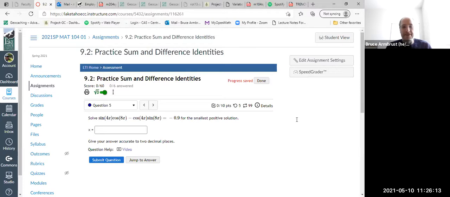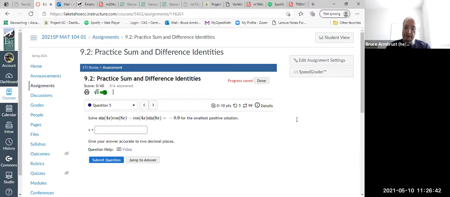The key to this is recognizing that that left-hand side, the sine of 4x cosine of 8x minus cosine 4x sine of 8x, is actually in one of the sum and difference identities. So let's see if we can figure out which one it is.